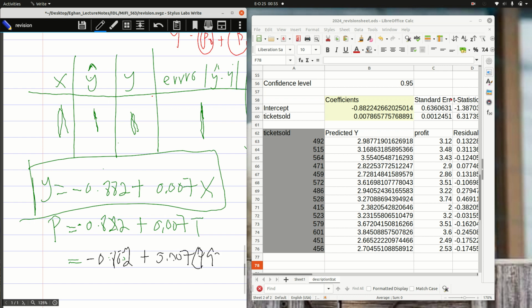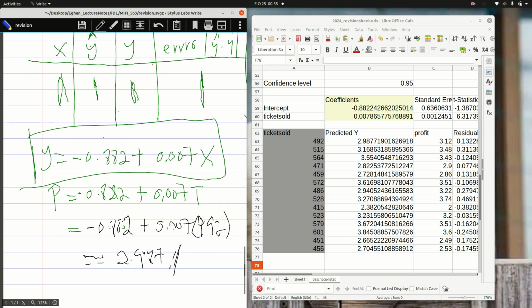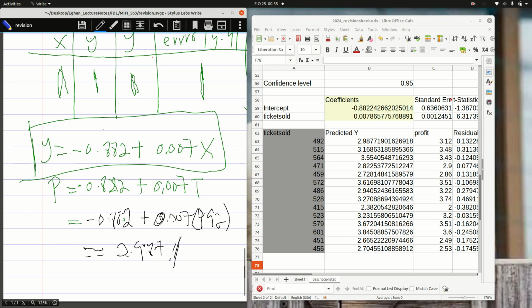This should give you an answer of 2.987 from the table. My pen is not helping at the moment, but I hope you get the explanation. So this is it for regression, and that is how you write the simple model.